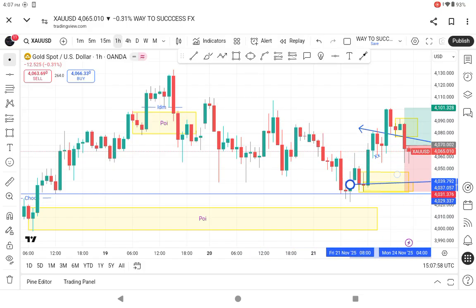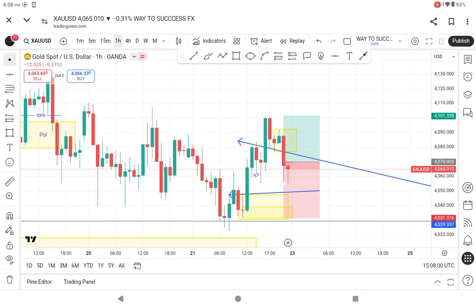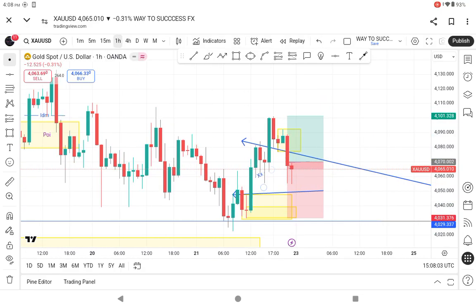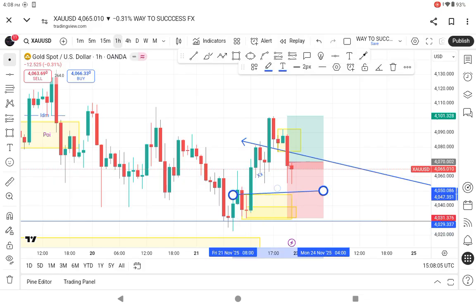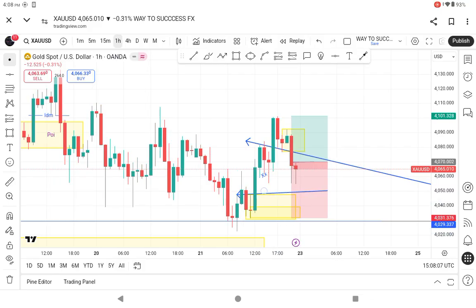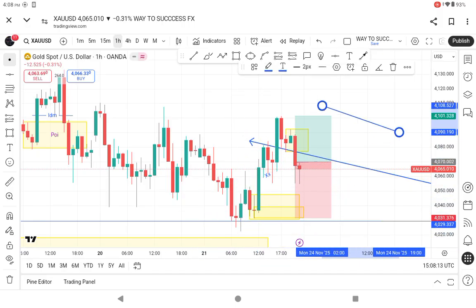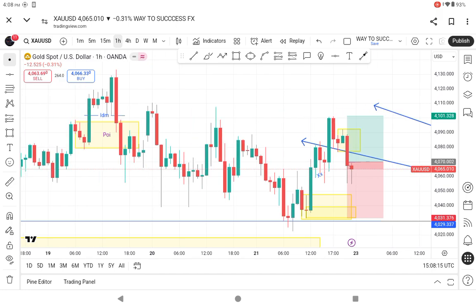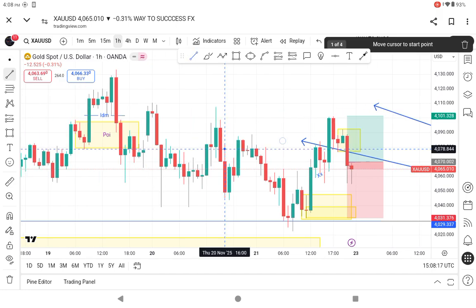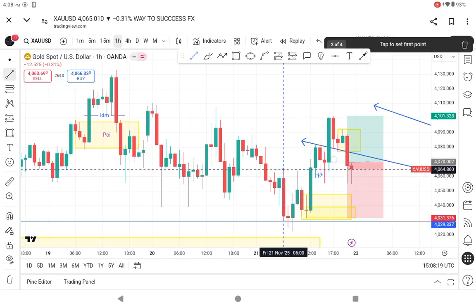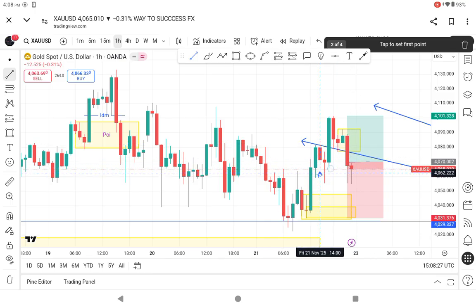As you can see here, after it's been swept, price closed above it. And what again do I have? I have another change of character here, which is this high, after we have cleared all the liquidity.